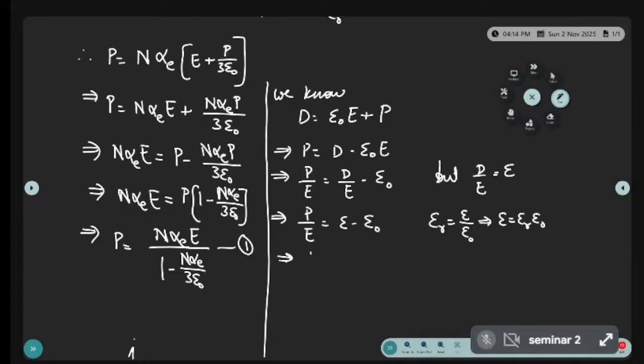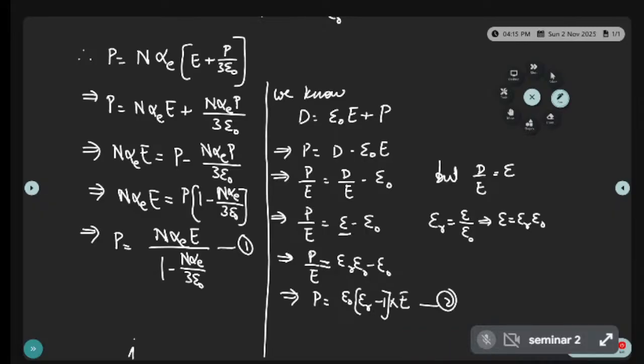So P by E is epsilon r epsilon naught minus epsilon naught. P is equal to what? What is common here? Epsilon naught. Epsilon r minus 1 into E.